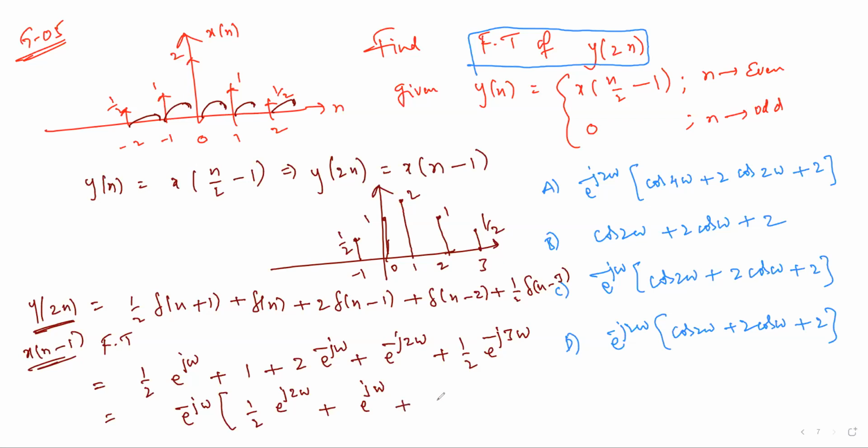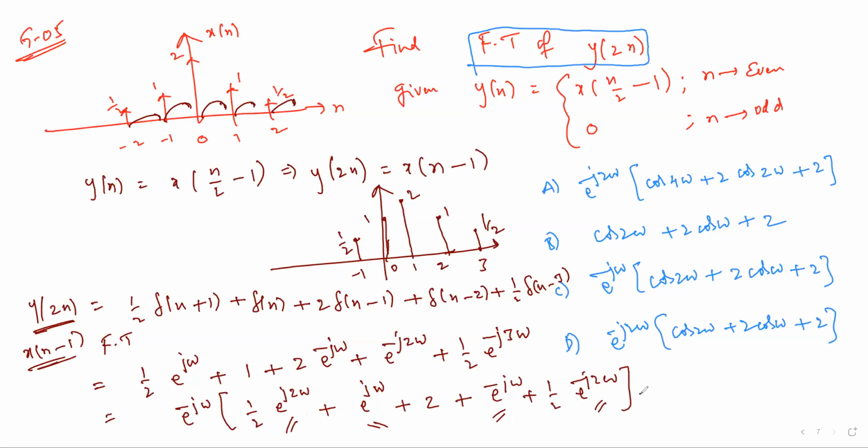Like that for the remaining terms: with minus j omega common, 2 remains. Next is e to the power of minus j omega, plus the last one e to the power of minus j2 omega. If you observe, this is 2 omega and this is 2 omega, so we can combine into exponentials. And this is 1 omega and this is 1 omega, we can combine into exponentials.